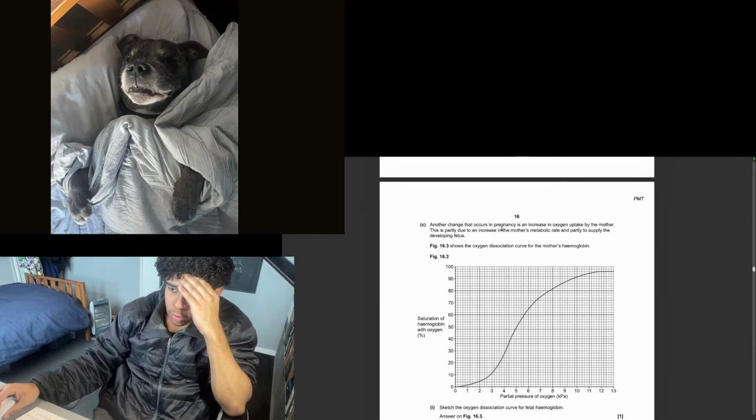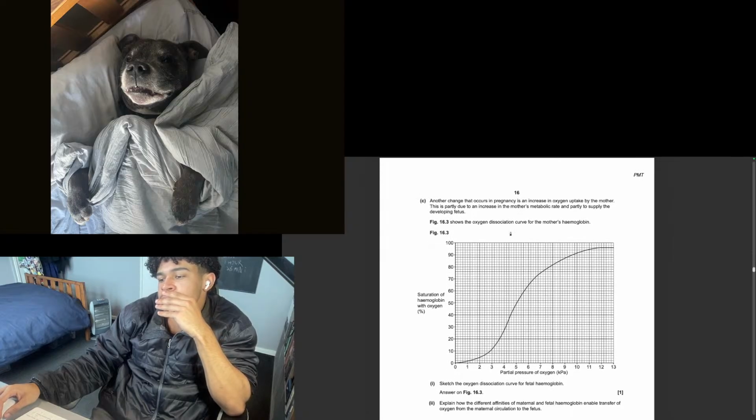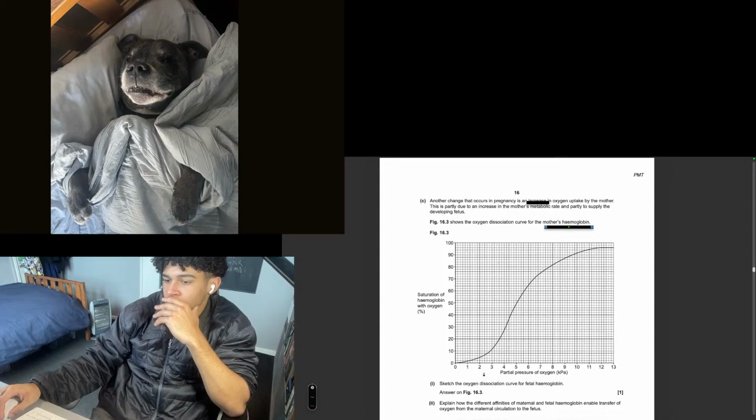A change that occurs during pregnancy is an increase in oxygen uptake by the mother. This is probably due to an increase in the mother's metabolic rate. I didn't actually read that question at all. Increase in oxygen uptake. For a mother's hemoglobin, and for a fetal.